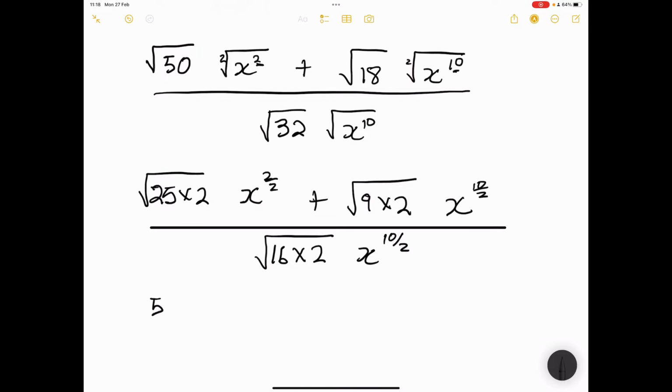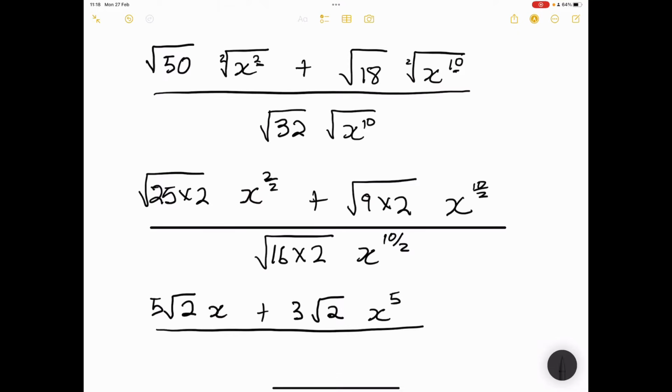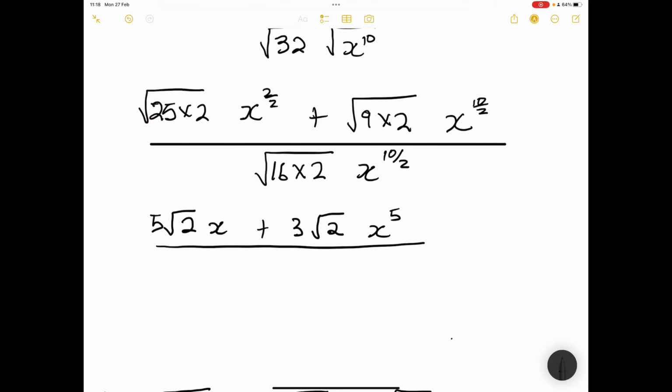So that would be 5 root 2 times x plus 3 root 2, okay, times x, 10 over 2, that's 5, divided by, that's going to be 4 root of 2 x to the exponent 5. All right, I'm sure we can simplify this further.